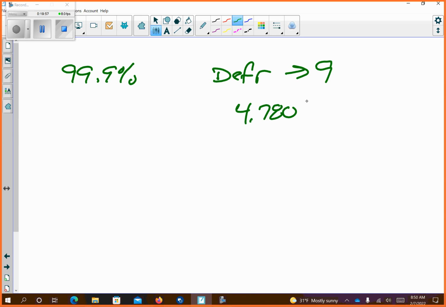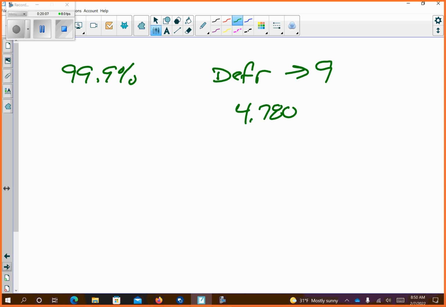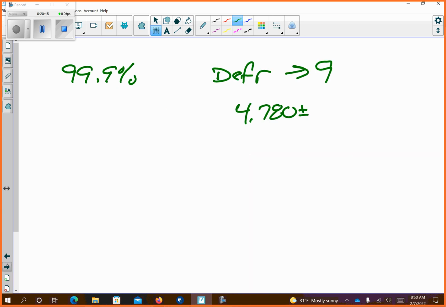Is that right? What are we going to do from there? Find the margin of error. So we have 20.2 plus or minus what? Multiply by 6.39, wouldn't it be the same?